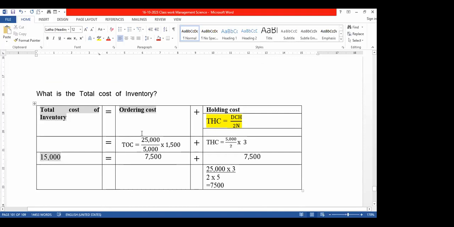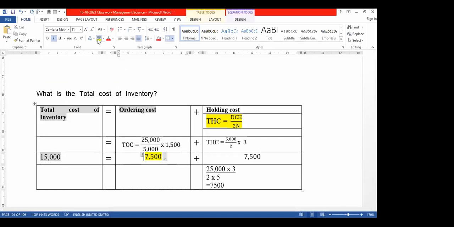So this is the answer, right? Check your answers: total ordering cost is 25,000 divided by 5 into 1,500, that is 7,500. The same way, 5,000 divided by 2, 2,500 into 3, that is 7,500.